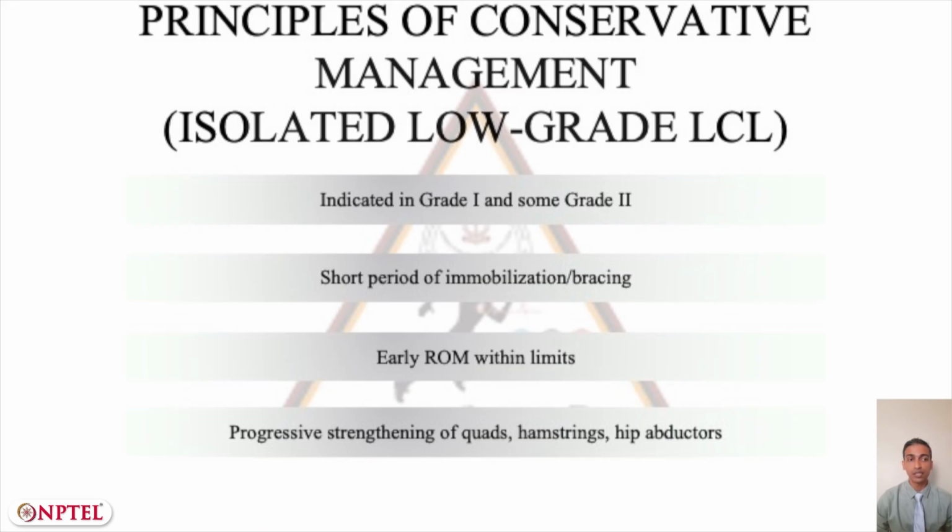Range of motion is restored early but in a controlled fashion. Muscle strengthening focuses on strengthening of the quadriceps, hamstrings, and hip abductors. Hip abductor strengthening supports lateral stability of the knee. Conservative treatment usually yields excellent outcomes for grade 1 and 2 injuries.